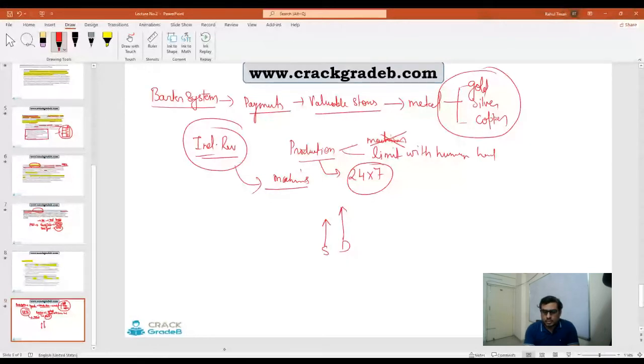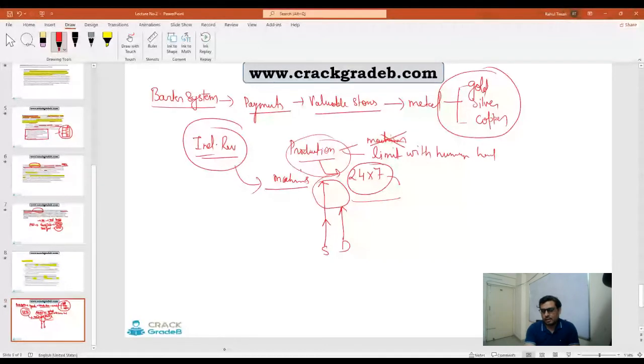But due to the industrial revolution, you are able to work 24/7 and increase your production multifold, right? Surplus. If you are able to sell the surplus, you can generate more money and more profits.